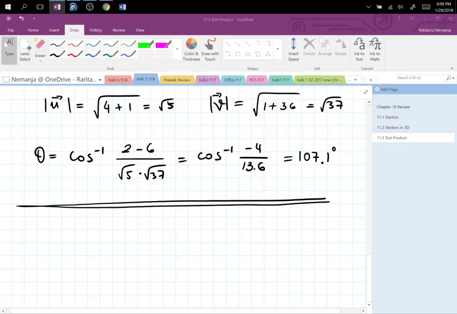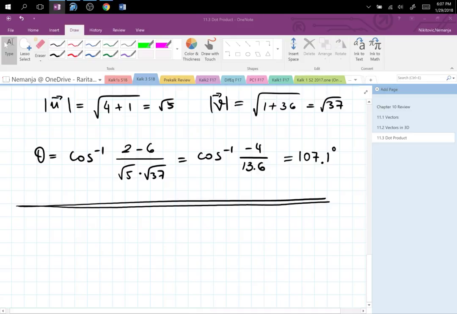The word is orthogonal. So word orthogonal means that two vectors are 90 degrees to each other, in 3D, 4D, 5D. So now we have a way to see what the angle is between two vectors, and if that angle is 90 degrees, the vectors are orthogonal by definition.